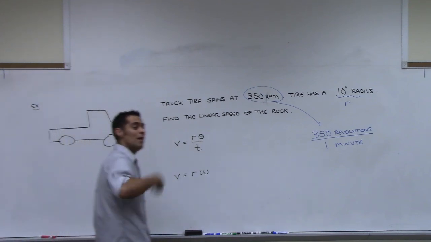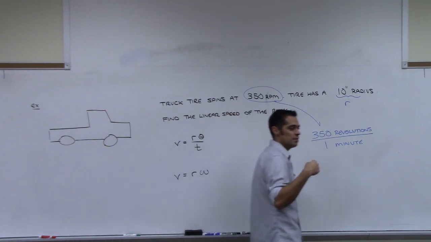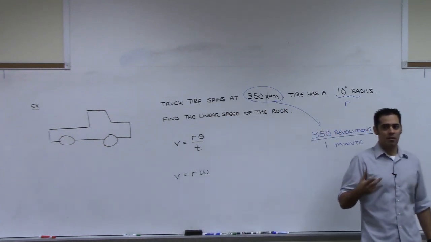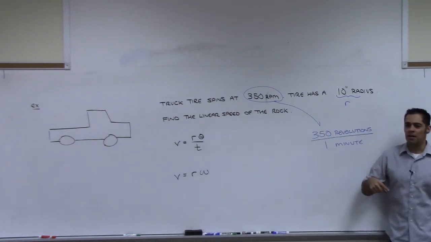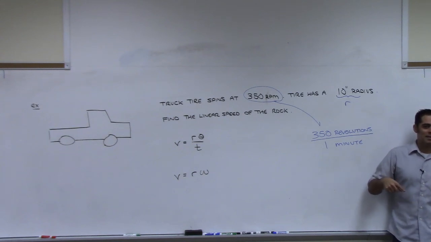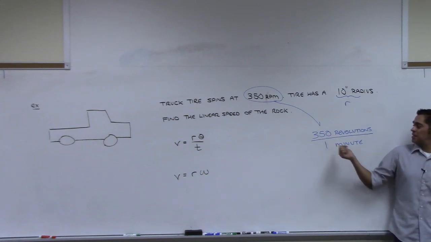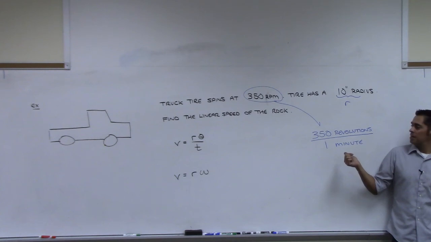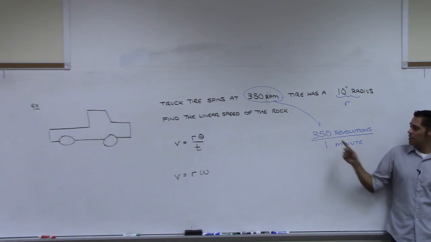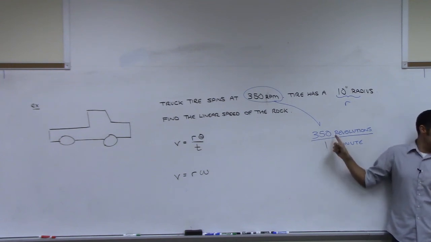So what would 1 revolution per minute be in radians? 2 pi. What would 2 revolutions per minute be in radians? 4 pi. So 350 revolutions in a minute means 700 pi. You're taking this number and multiplying it by 2 pi.